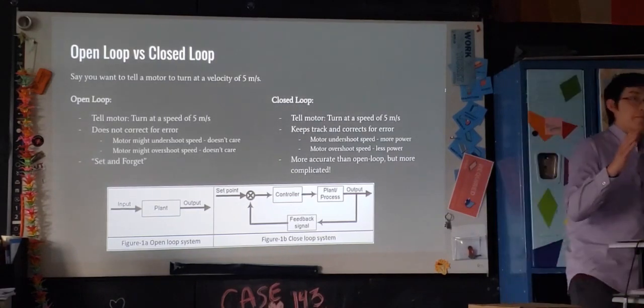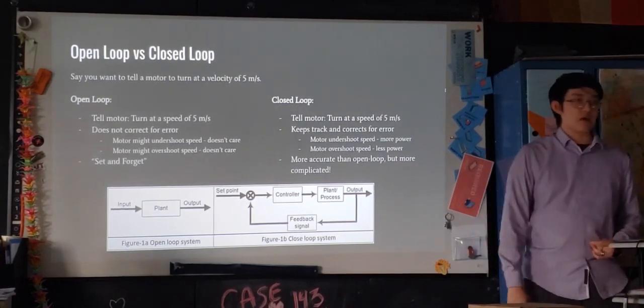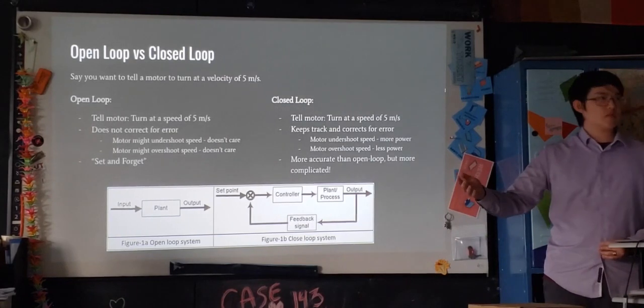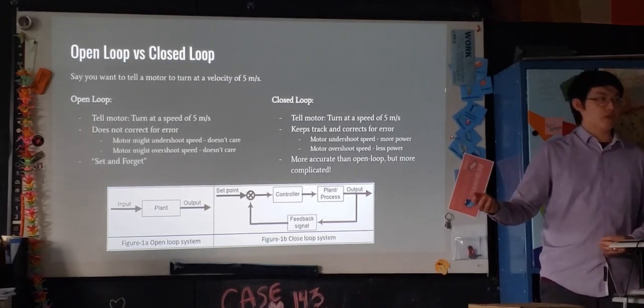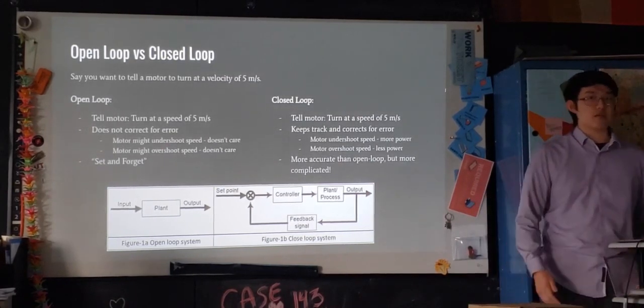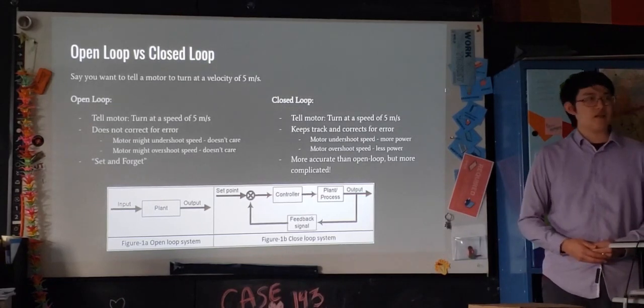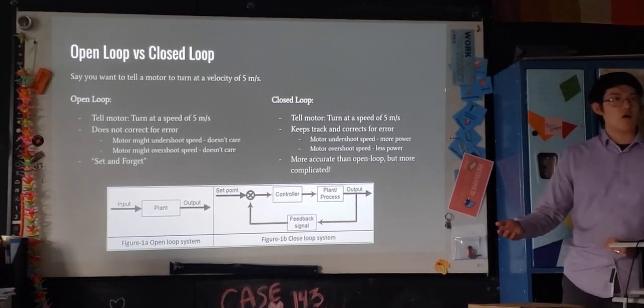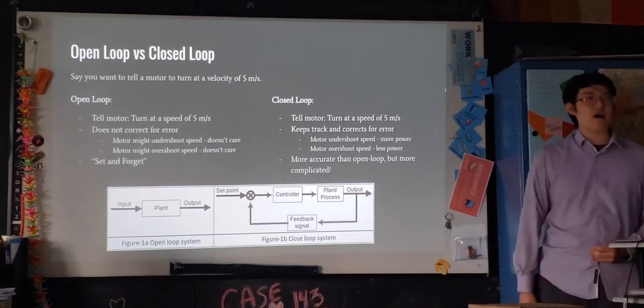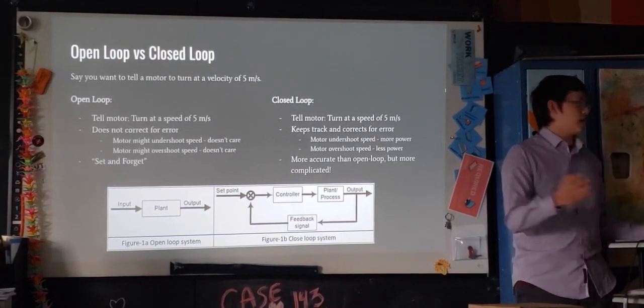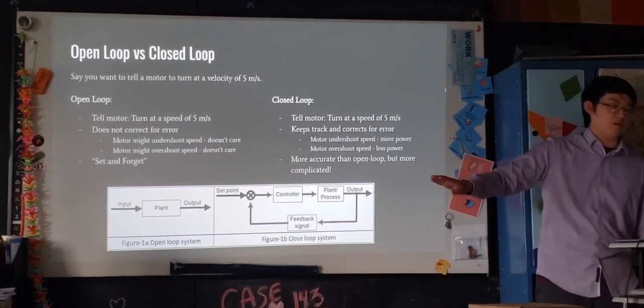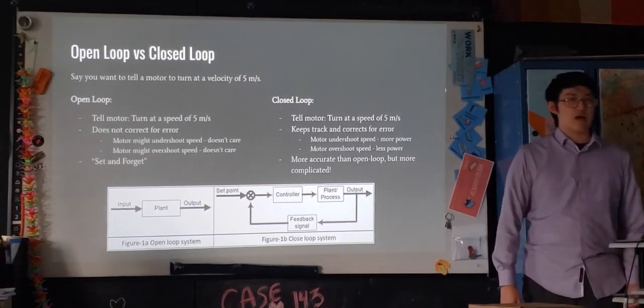And I just walk away. The motor is now turning at, is it 5 meters per second? It might be a little weak and trying to reach 5 meters per second. It might be a little under in reality, or it might be a little too strong and turning at 5.5 meters per second. I don't know, because I just walked away and I just left it there. I didn't care. Open loop is something like that.